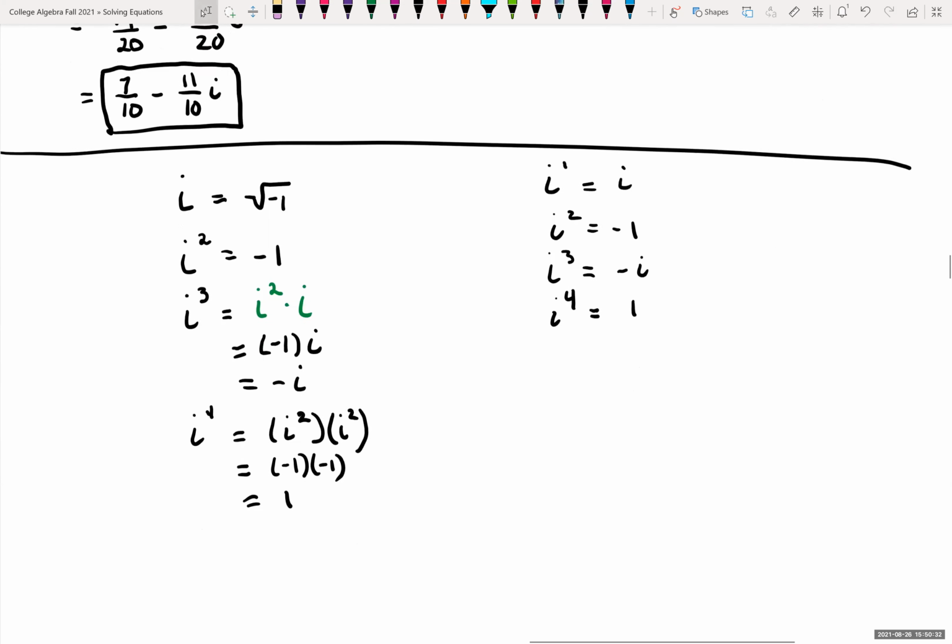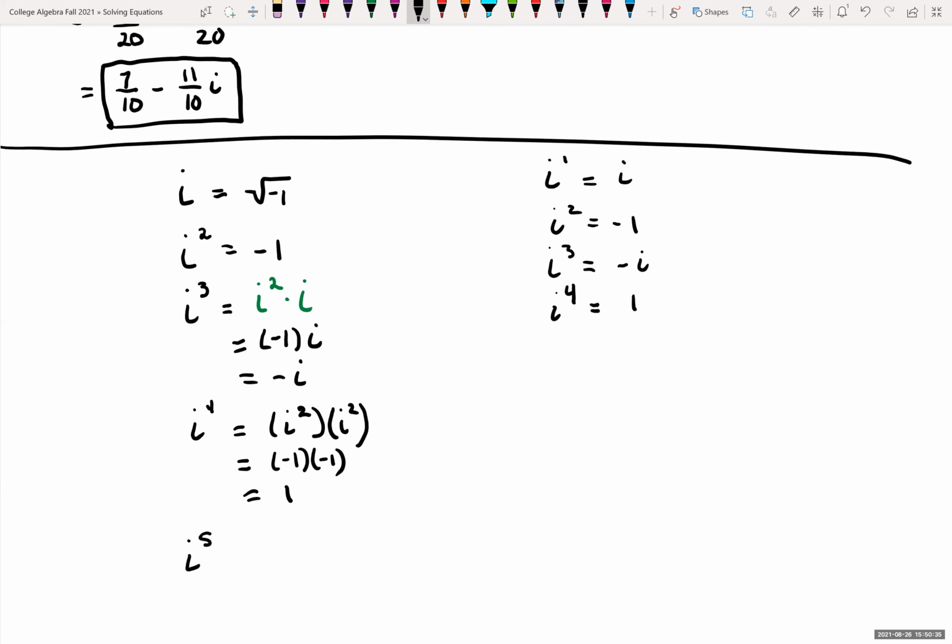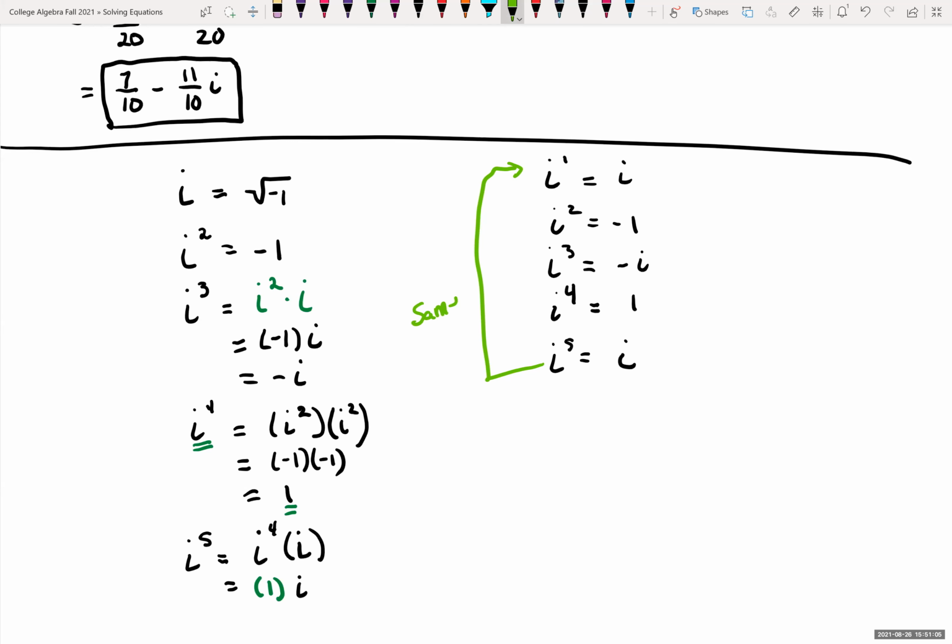If we continue and did i to the 5th power, well, we can say that's the same thing as i to the 4th times i. Well, right above, we found out i to the 4th was 1. So we could rewrite this as 1 times i. So i to the 5th is equal to i, which notice is the same thing as i to the 1st.